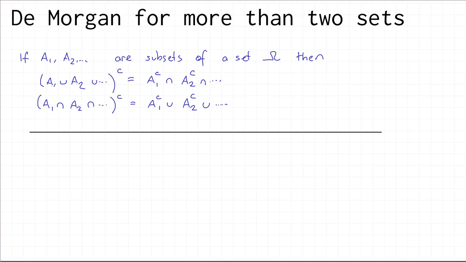And you might ask, why do we need this omega? What would be wrong with taking a kind of absolute complement, where you don't just think of all the things in omega that are not in A, but instead you think of just all the things which are not in a set A?